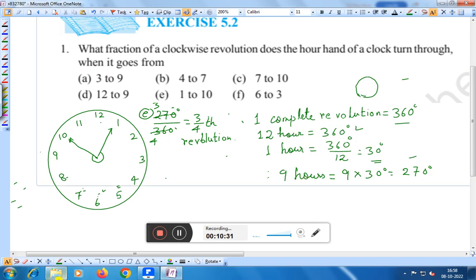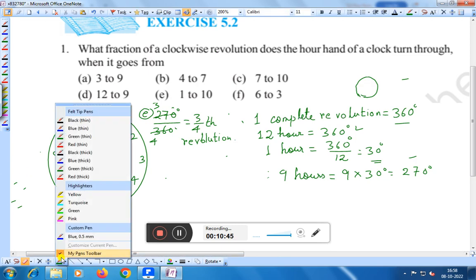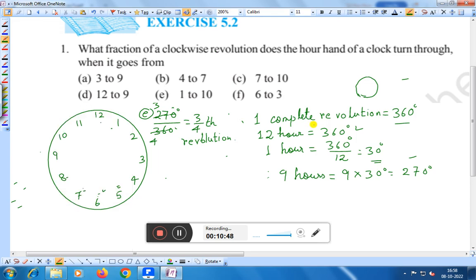Question number F is 6 to 3. Let us rub this one also. Now we will do 6 to 3.